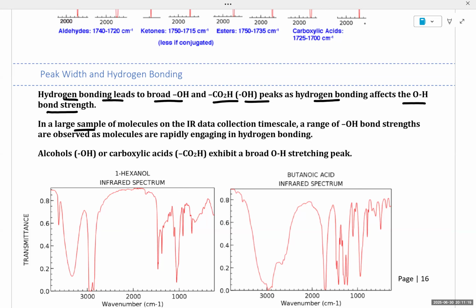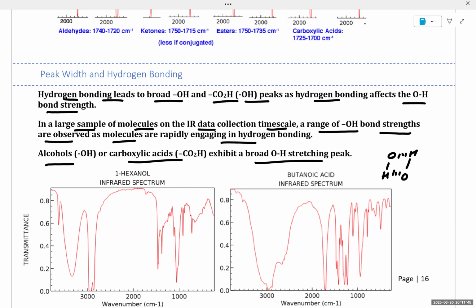In a large sample of molecules on the IR data collection timescale, a range of OH bond strengths are observed as molecules are rapidly engaging in hydrogen bonding. So hydrogen bonding in turn leads to broad peaks for alcohols and carboxylic acids.